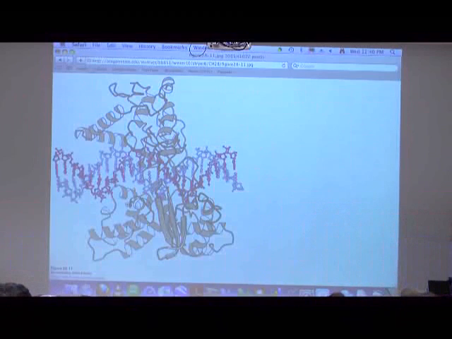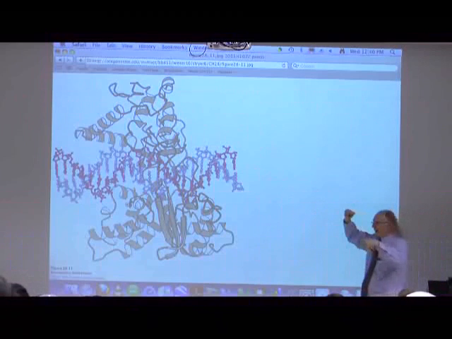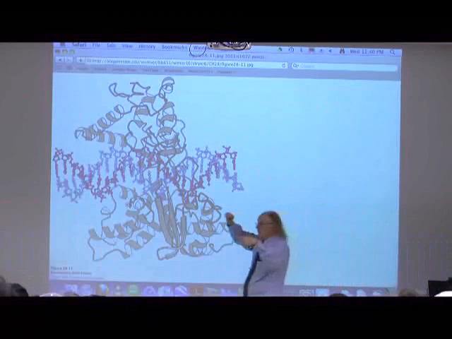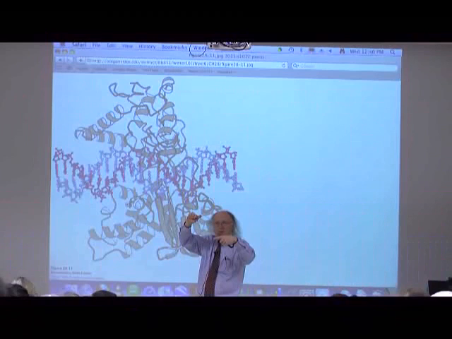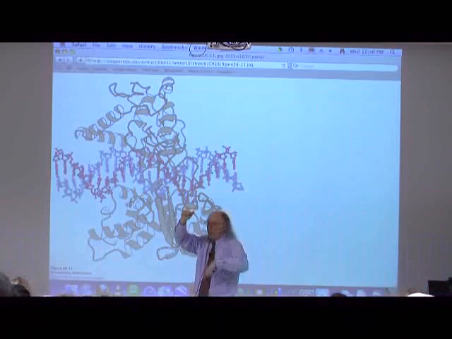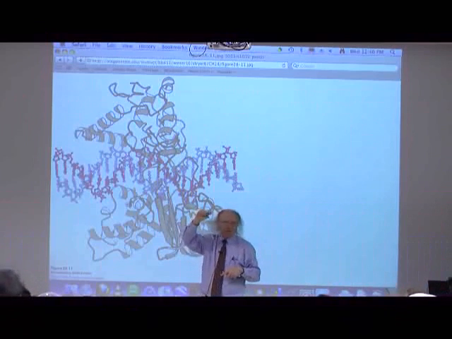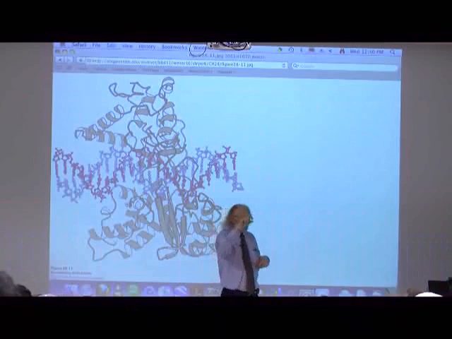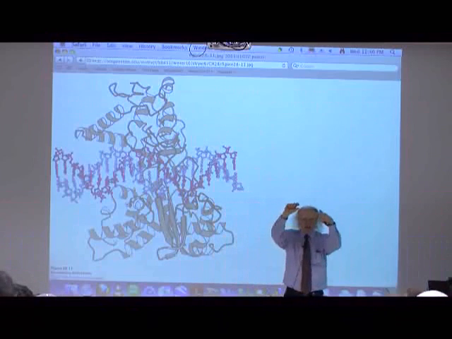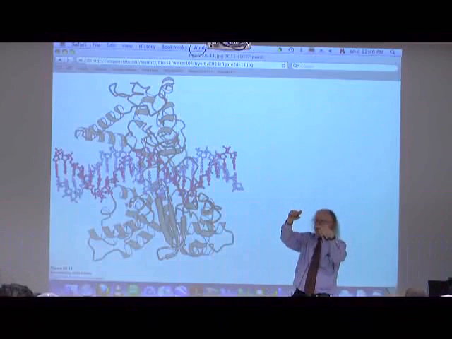Okay? So a type 1 topoisomerase is clipping one strand and allowing the strand that it clips to just unwind, unwind, unwind, relax. A type 1 topoisomerase can also put tension in, can do the opposite thing. Okay? But it's doing everything by clipping one strand and leaving the other strand intact.